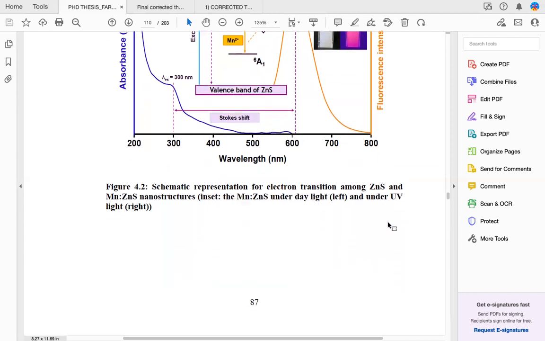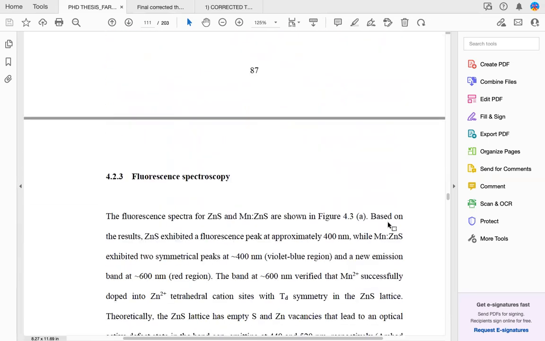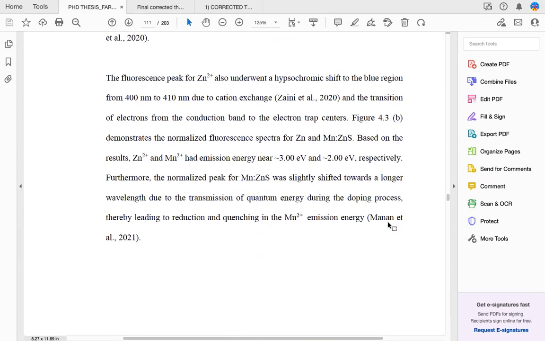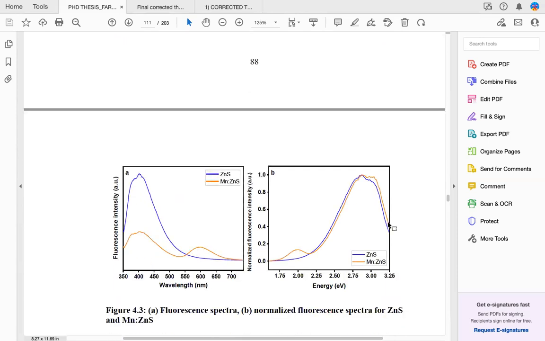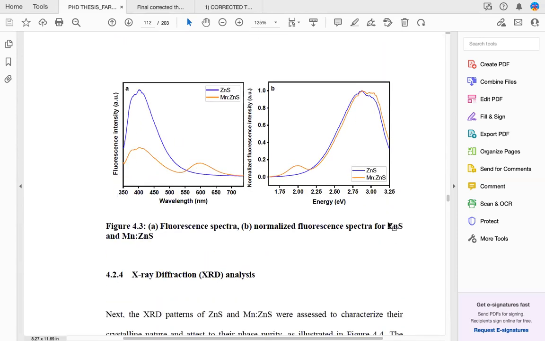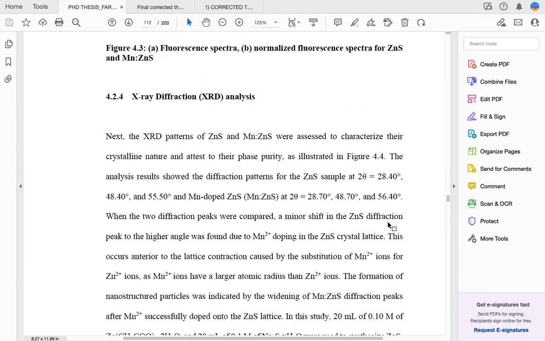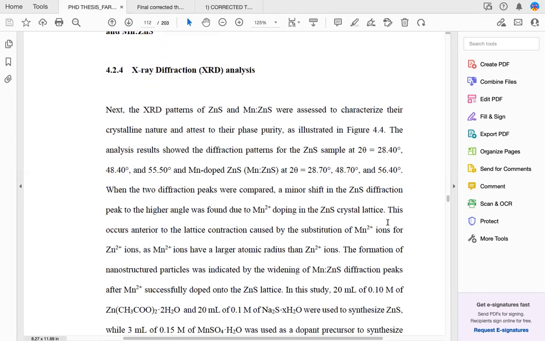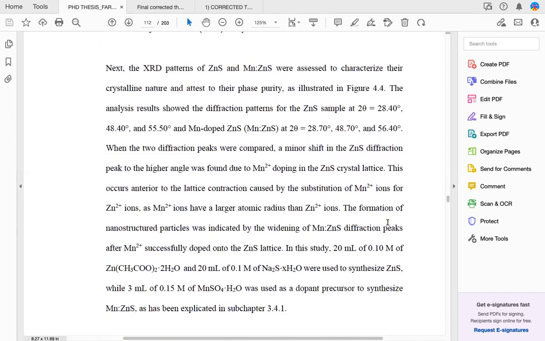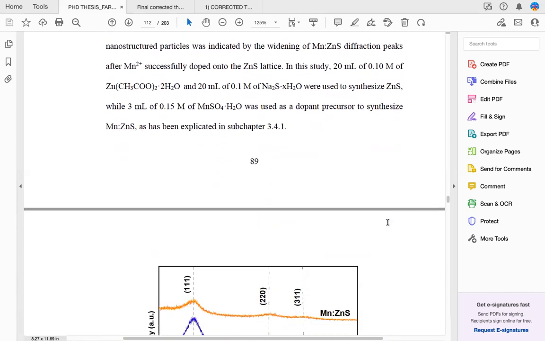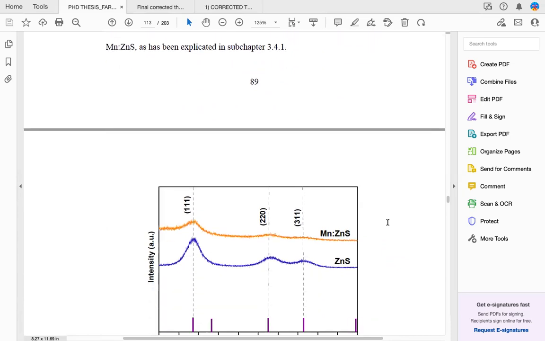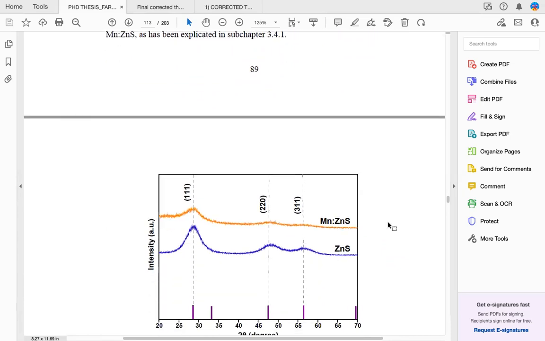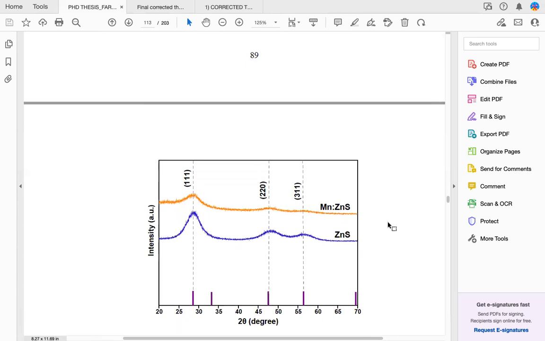Let's look at another example. Okay, so this is fluorescence spectra. XRD analysis, I'm not good in XRD, but it's very important for materials, especially if you're working with metal oxides, you need to evidence that the metal oxide is there.